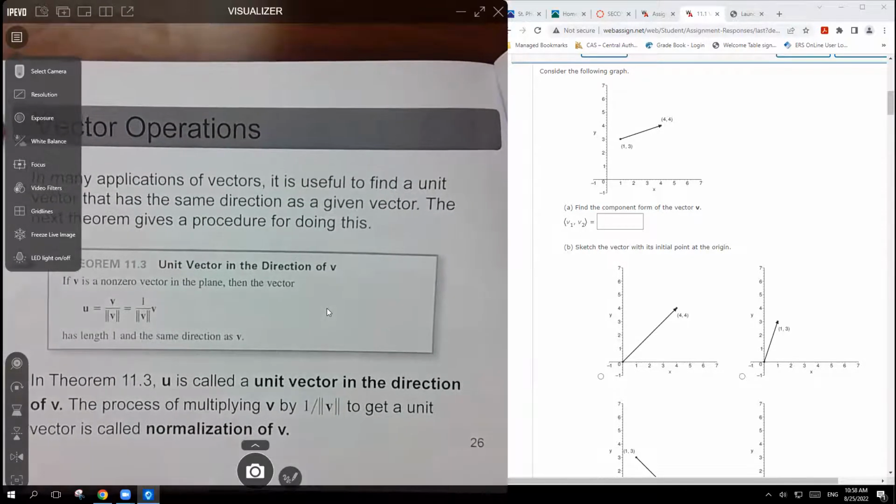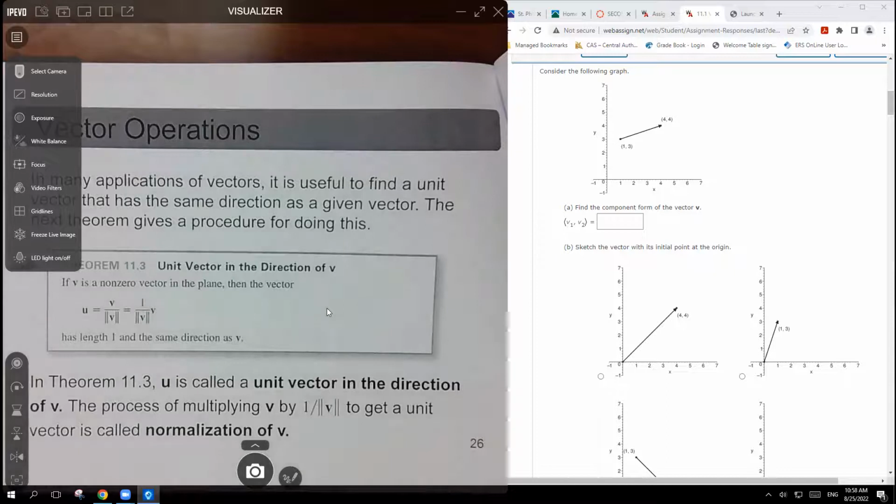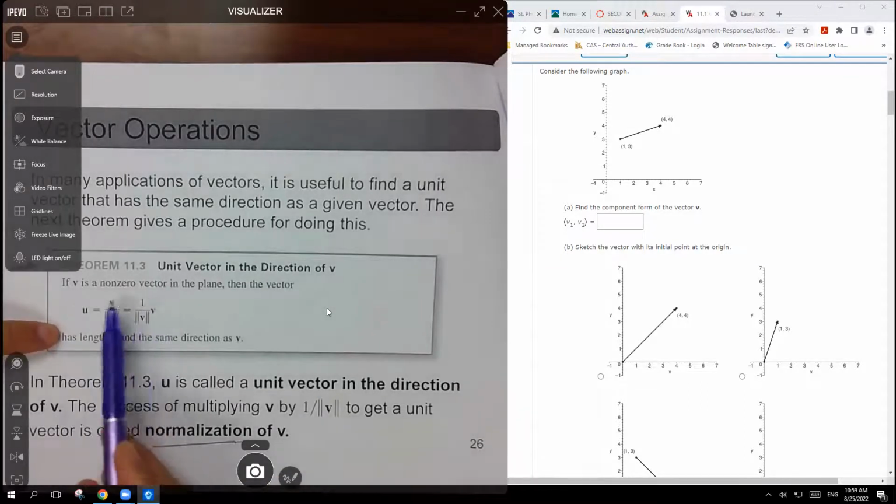So if they give you a vector with length not 1, say length 5, and ask you to normalize it, you can use this rule.